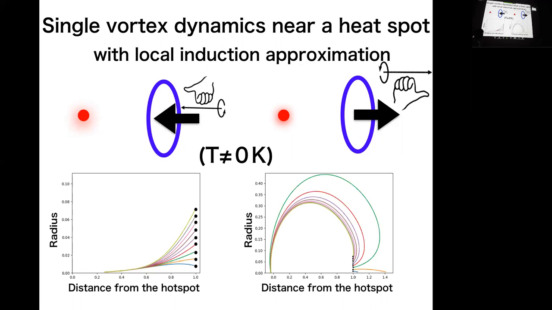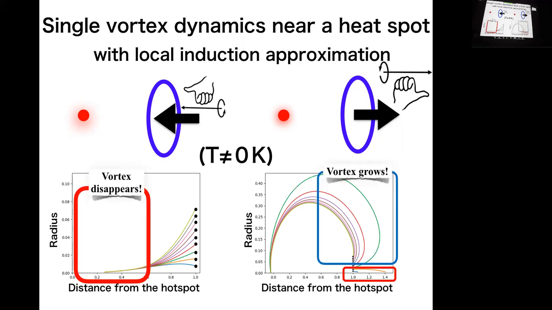What we see is something like this. Basically, all the vortices that move toward the heater disappear while they travel some distance, while the vortices that are oriented the other way can grow in radius, and some portion just travel outward and disappear in some time.